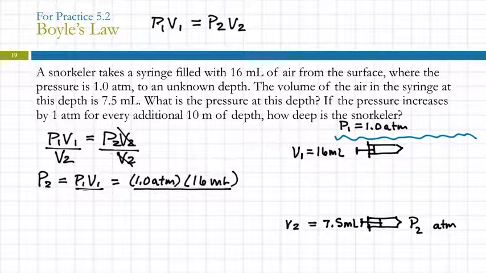So P2 equals P1 V1 over V2. Which, I realized when I got here that, oh, wait a minute, that's not going to work. It's okay. We all make mistakes.